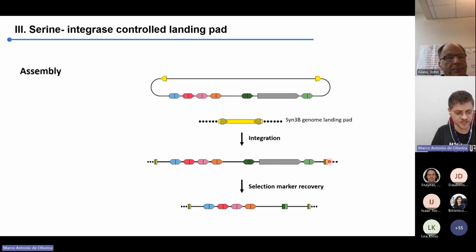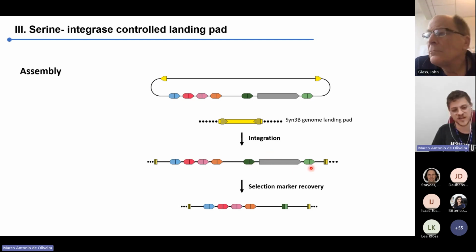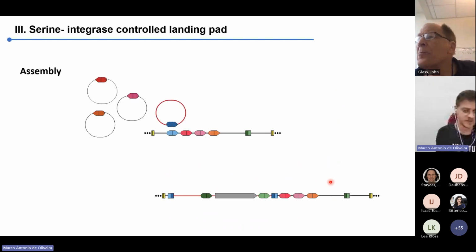And upon integration, the idea is to use another integrase mechanism, the excision, so we can remove the selection marker. That's another thing that's very precious when you're transforming the minimal cell, because you have one that works very well, that's puromycin selection, and one that works but not that greatly, that's gentamicin. You don't have that many. So if you are able to recycle this marker, it's an interesting way to proceed with the work.